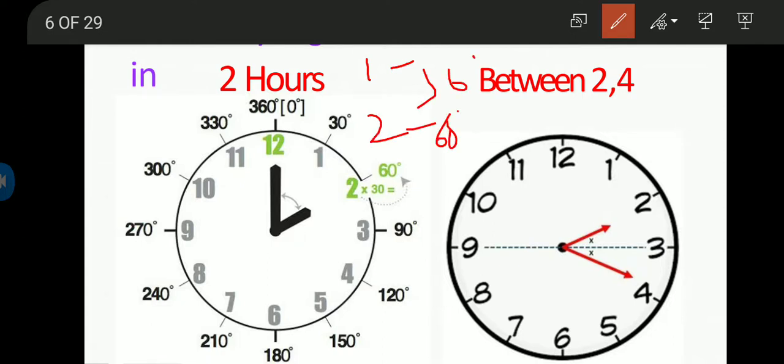Between 2 and 4, how much? You need to draw a clock, children. 2 to 3 means 1 hour, 1 hour means 30 degrees, again 3 to 4 means 1 hour, 30 degrees. 30 plus 30 is 60, so here it is 60 degrees.